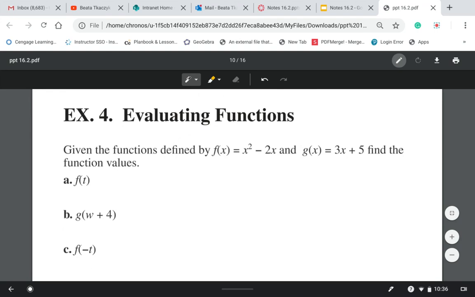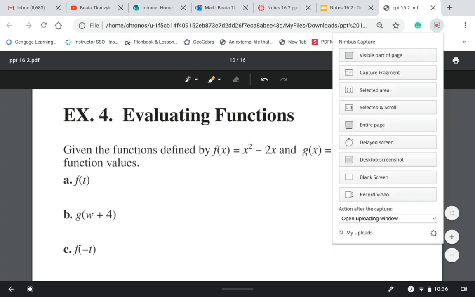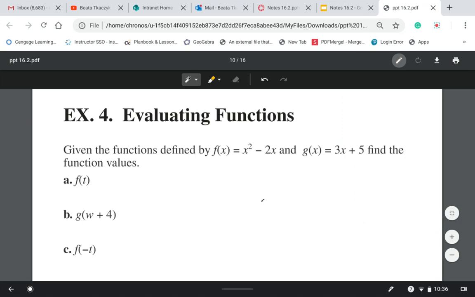Okay, example 4, it's a little more advanced because, again, algebraically, it's the same type of problem.